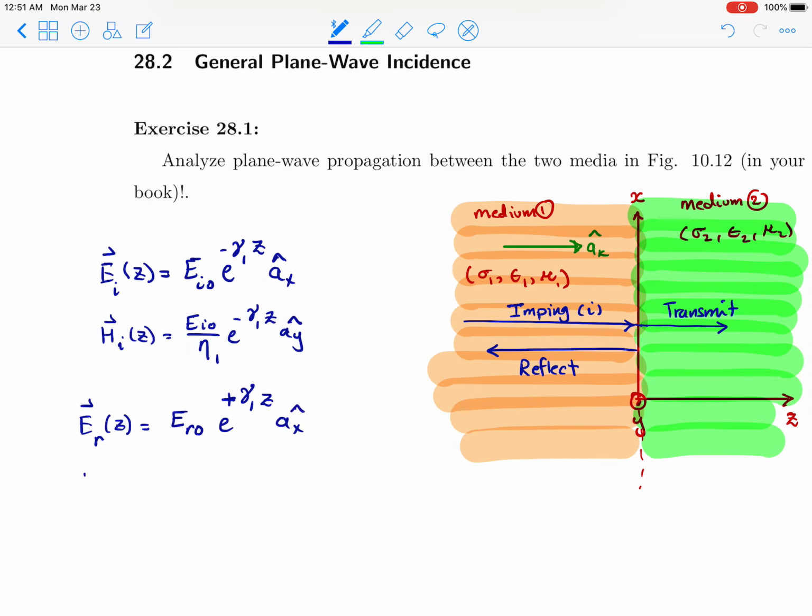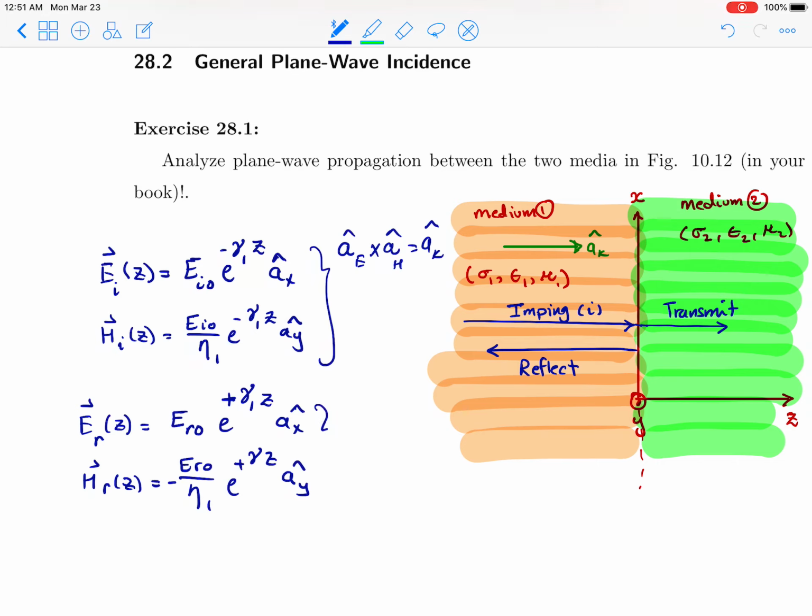This one should be along the positive AX. The reflected magnetic field will be of this form, and this one should be the negative AY. Why? Because these two fields have to satisfy this equation. AK is positive AZ, AE is positive AX, so AH should be positive AY.